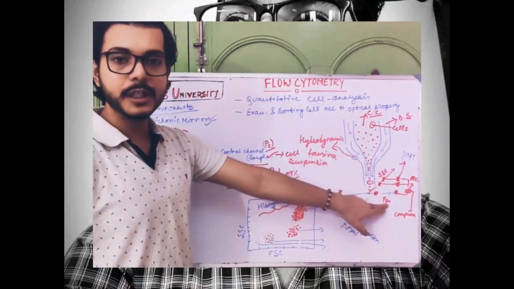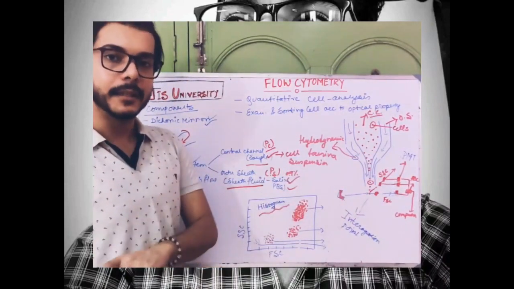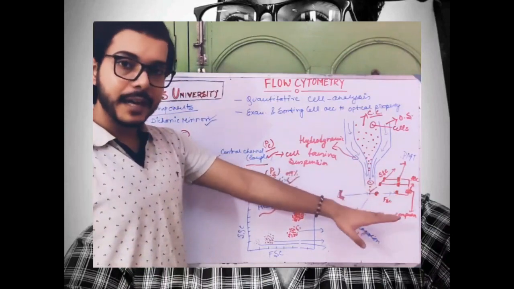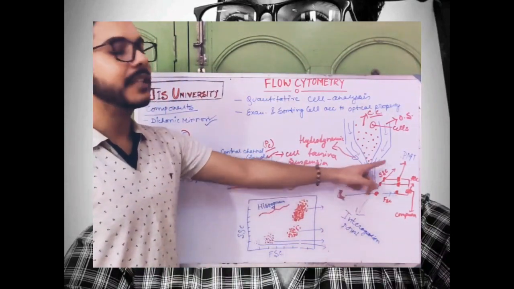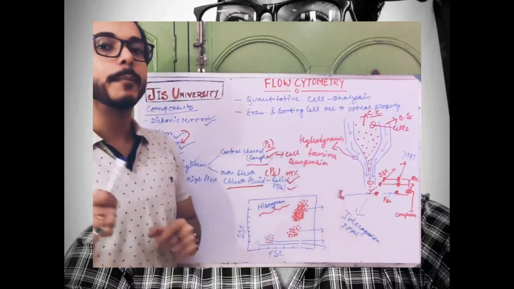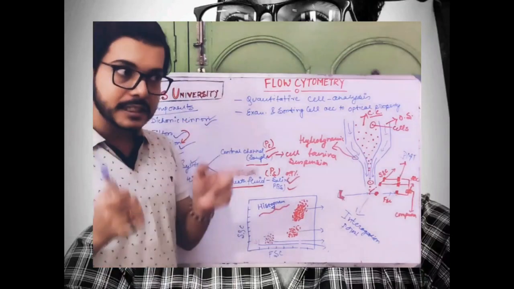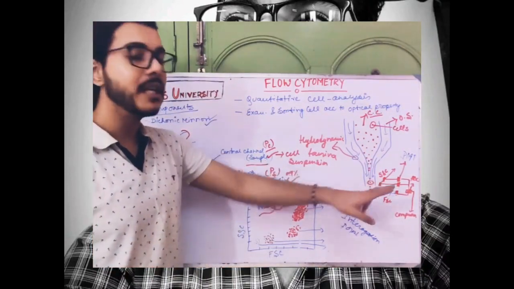Forward scatter is termed FSC, the side scatter is termed SSC. Forward scatter determines the cell size. The side scatter determines the cell's complexity or internal structure, the cytosolic structure.